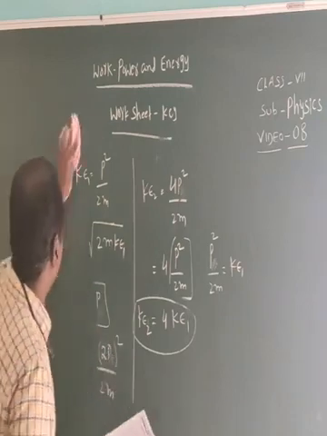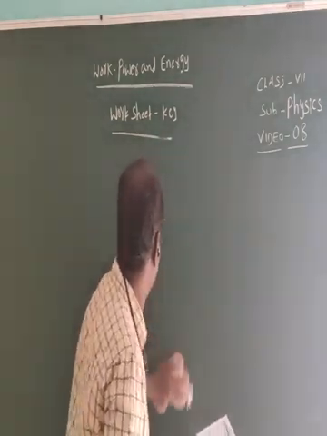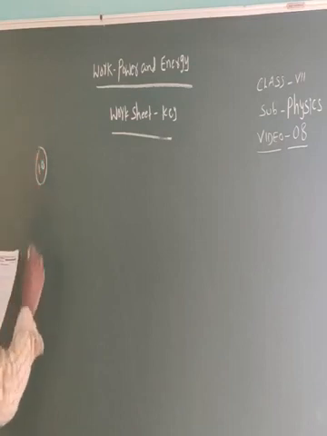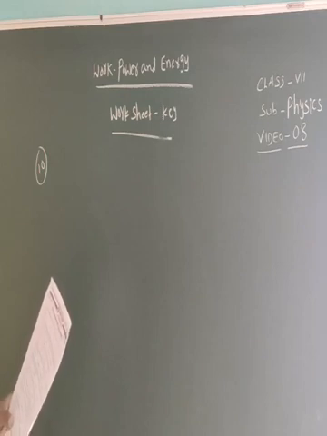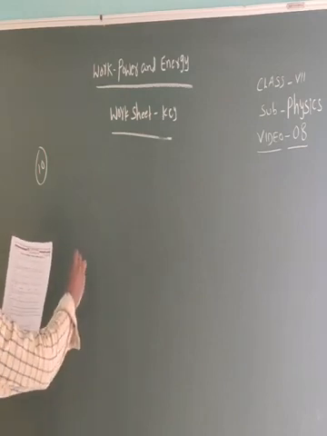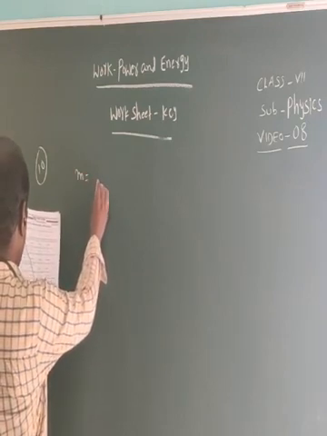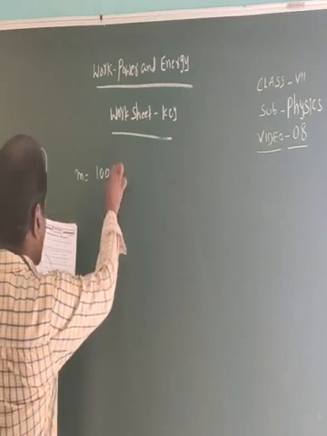Next, the 10th one. Find the momentum of a body of mass 100 grams having its kinetic energy equal to 20 joules. Mass equals 100 grams is given.